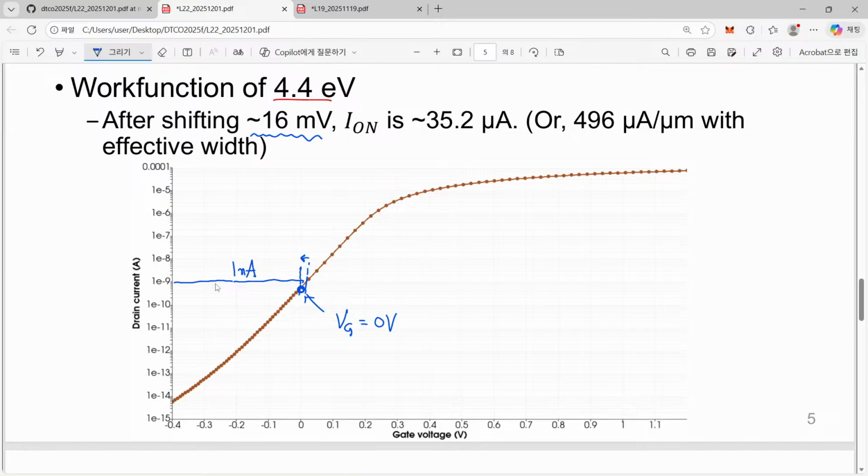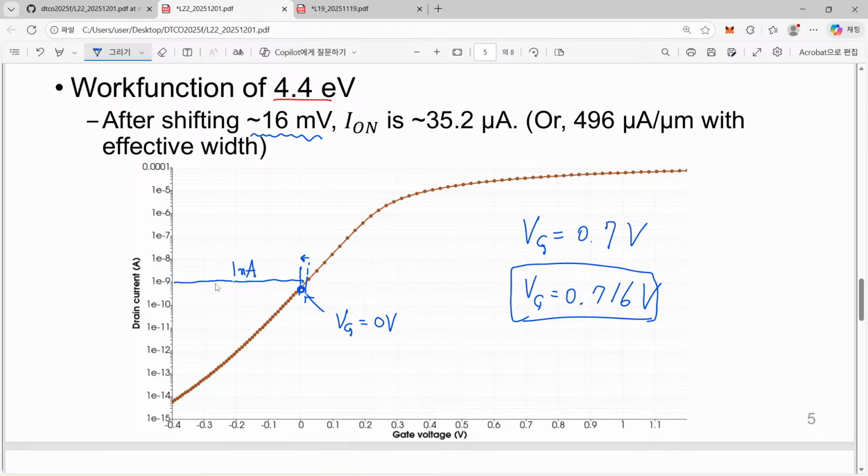If we parallel shift our curve by 16 millivolts, then we have 1 nanoampere off current. So instead of reading the I-on value at gate equal to 0.7 volt, I just read it at 0.716 volt. That is the way to collect this corrected on current for our case.